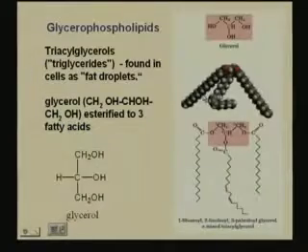So, we have our glycerol. The one that I show you here is triacyl glycerol, which is what comprises the fat droplets that we have in cells. There are triacyl or triglyceride tests that have to be performed in blood to see whether you have an appropriate triglyceride content.